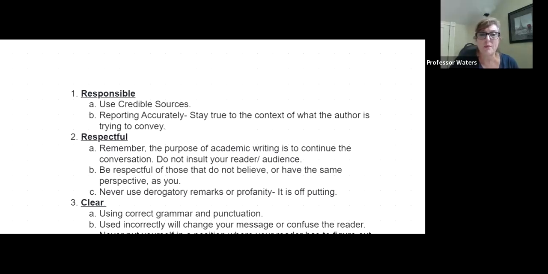Derogatory comments are basically comments where you're insulting someone. That's where you get your ists, you're sexist, you're racist, whatever those are. Nationalities, the way someone looks, it could be socioeconomic.